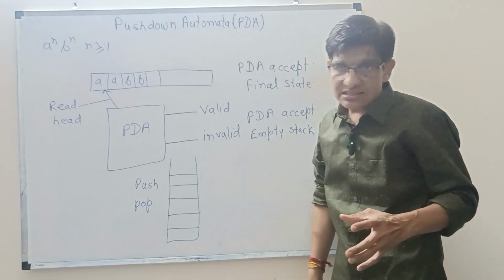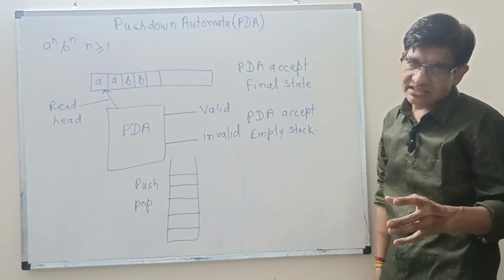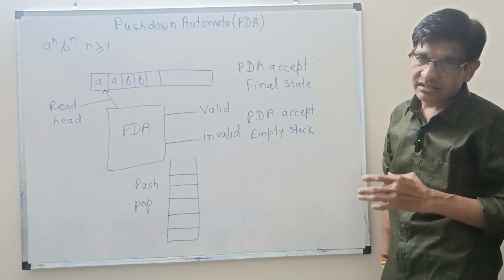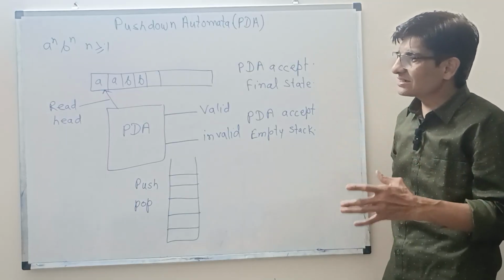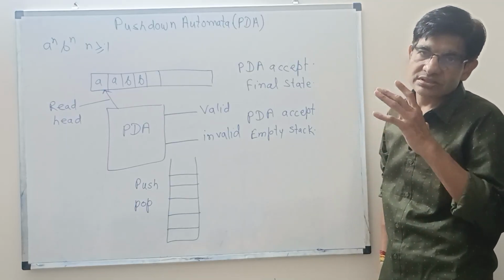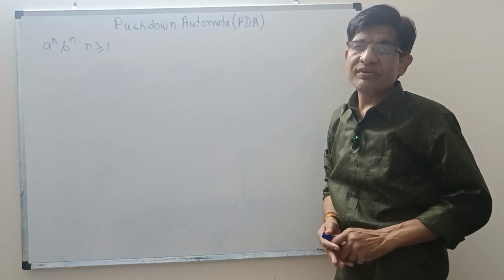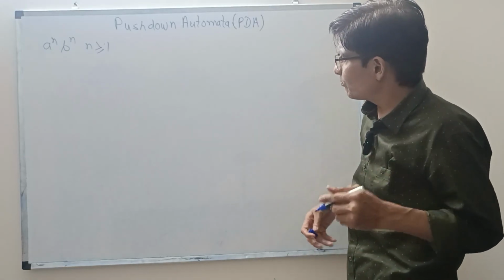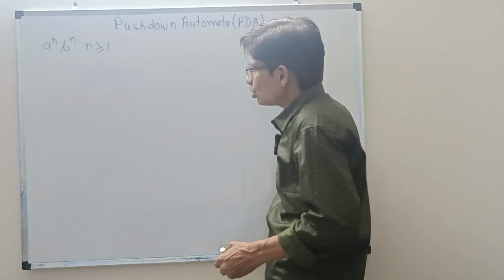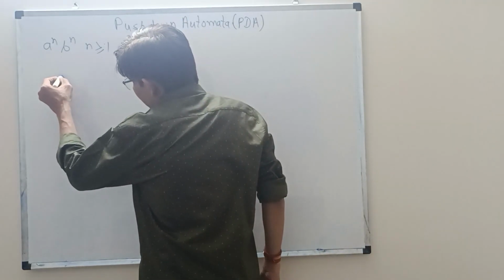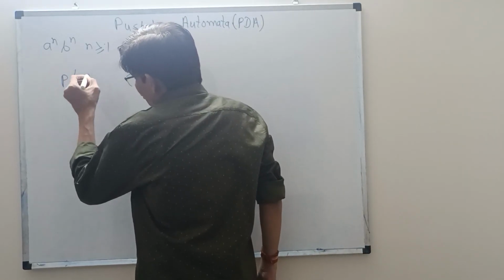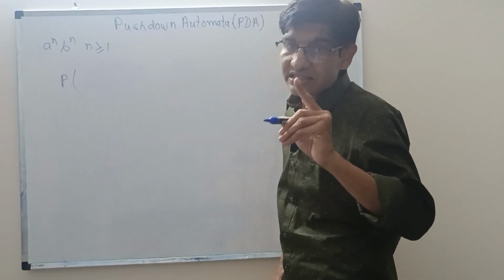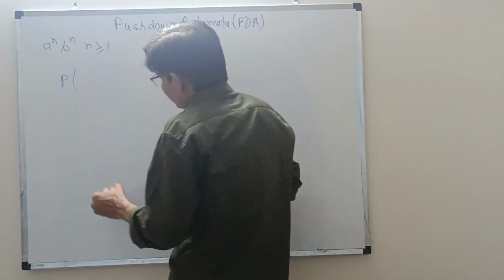Now we will discuss the mathematical definition, or you can say the formal definition of a PDA, including all tuples of the PDA. Suppose some PDA is there as P, so this will have 7 different tuples.